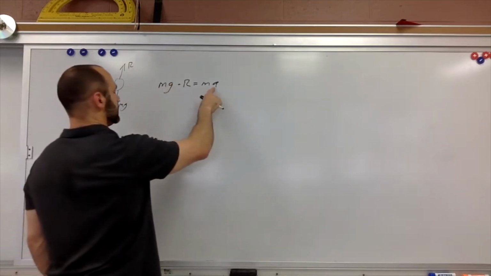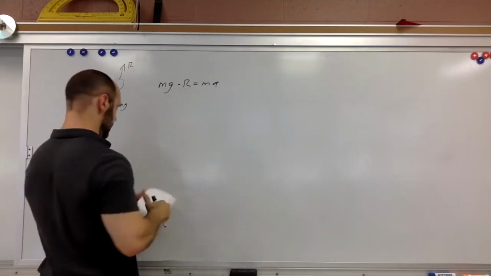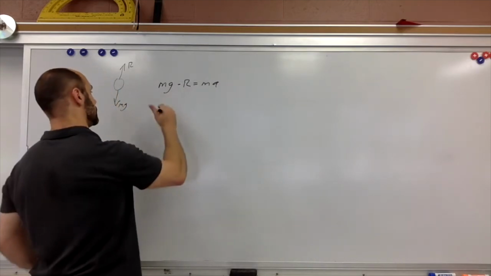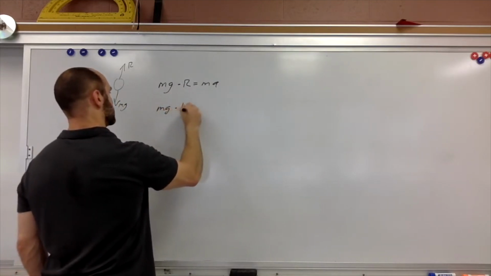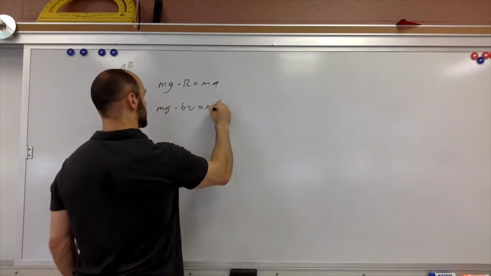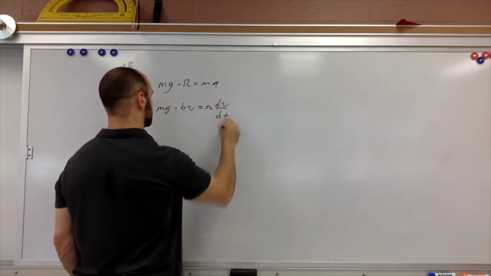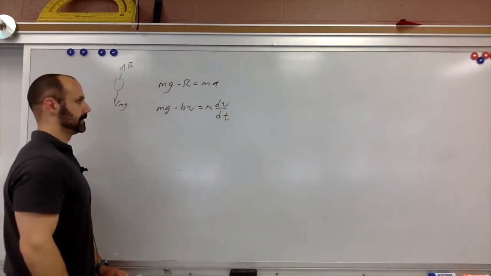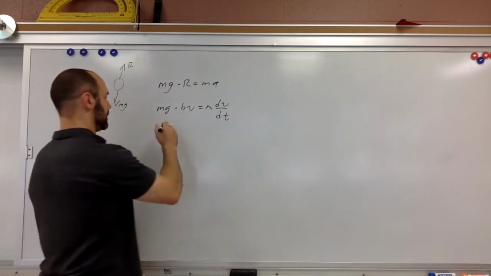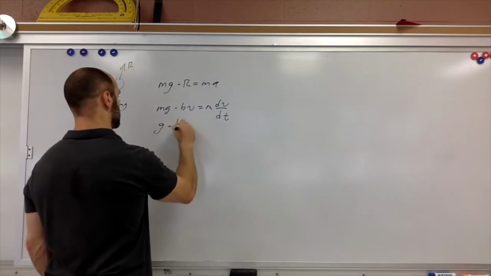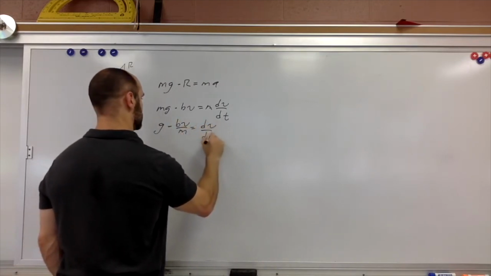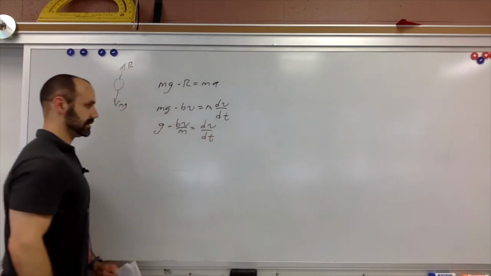If I substitute in here, r equals negative bv, right? So mg minus bv equals ma. Now I'm going to put this in terms of v. So this a is dv dt, right? So what I'm going to do now is divide by m. So I get g minus bv over m equals dv dt.